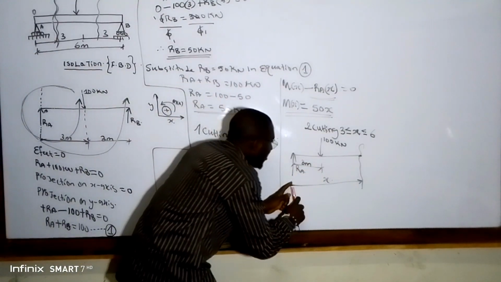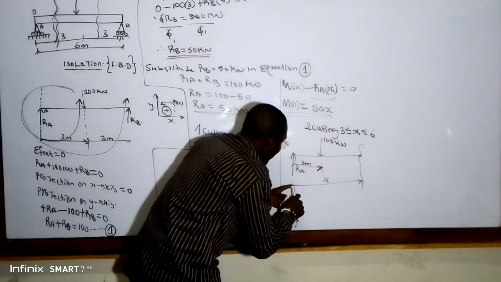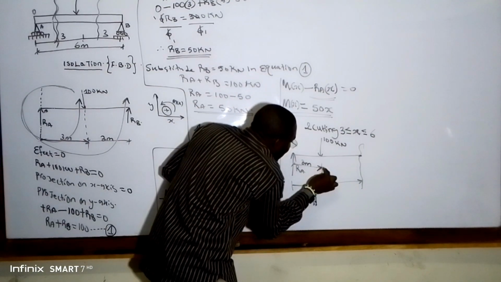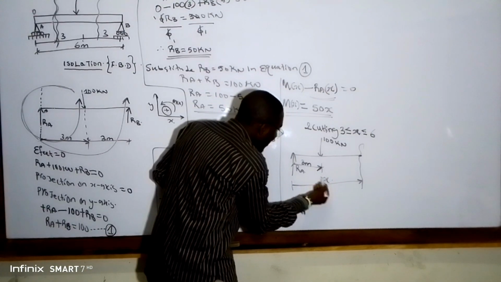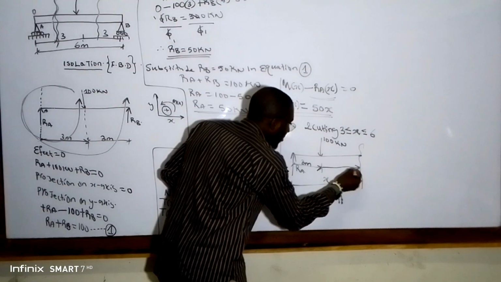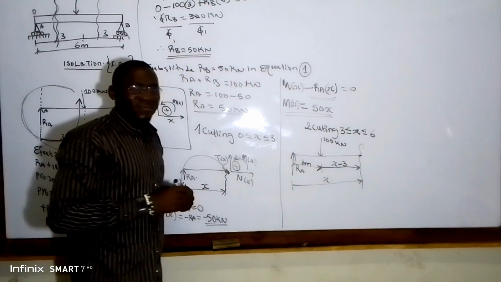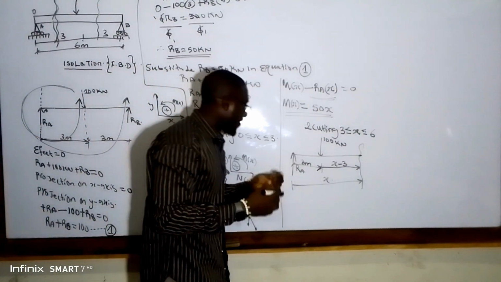And from here to here is x. I want to obtain the distance from here to here. What are we going to do? Maybe we are going to take x minus 3. So the distance from here to here will be x minus 3.